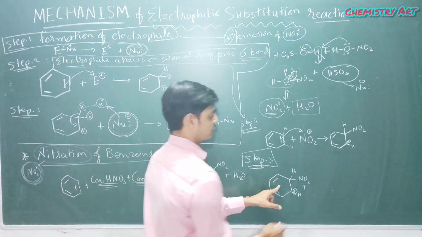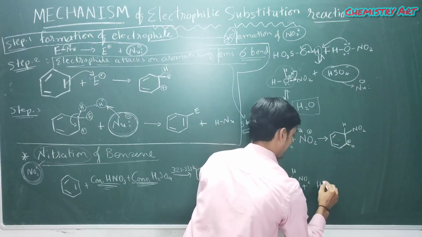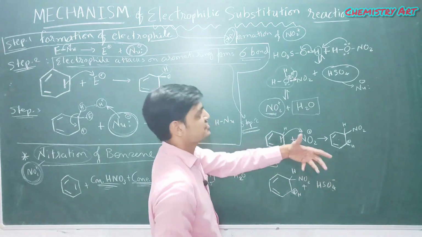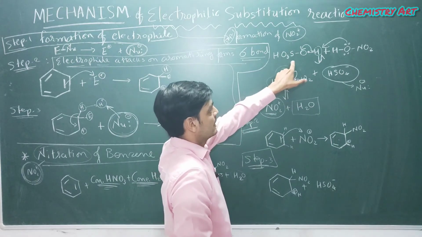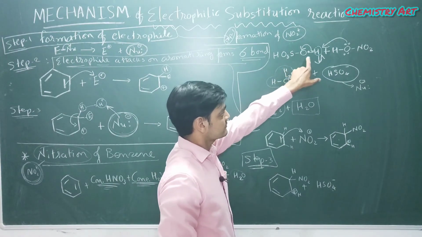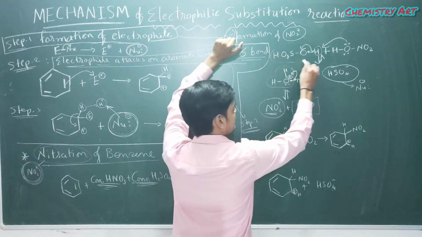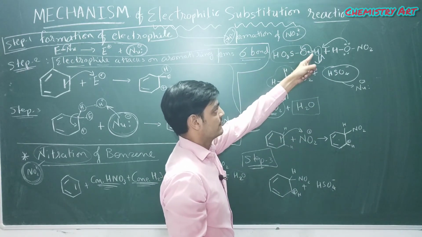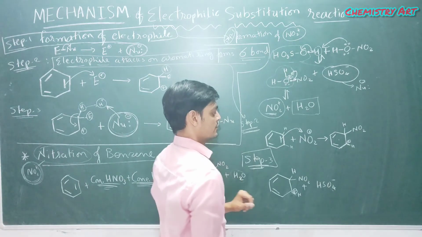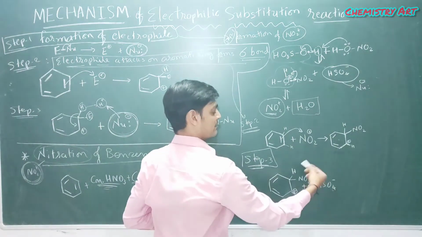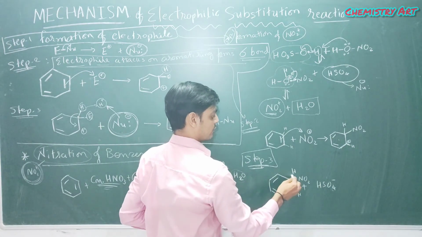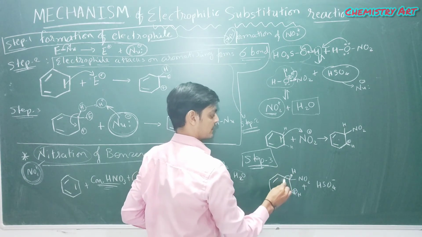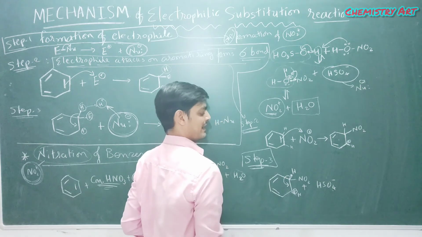Okay, and this HSO4 minus, actually this HSO4 minus is having extra electron, which is gained from the hydrogen. So this electron can be donated. So these electrons of hydrogen and carbon will be donated inside of the benzene ring.